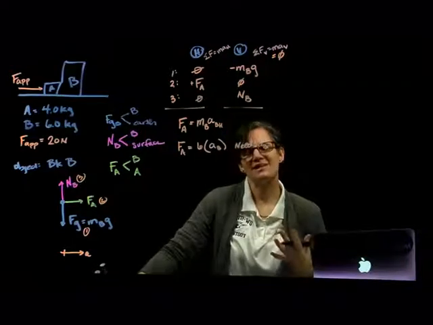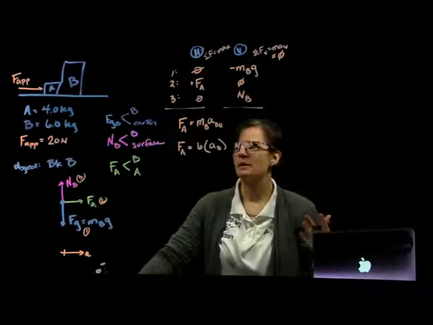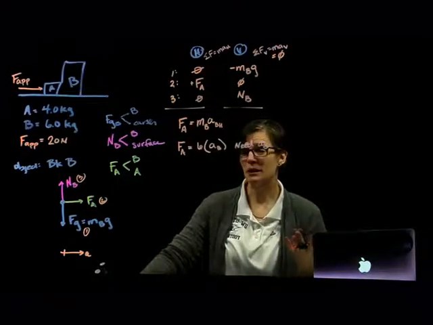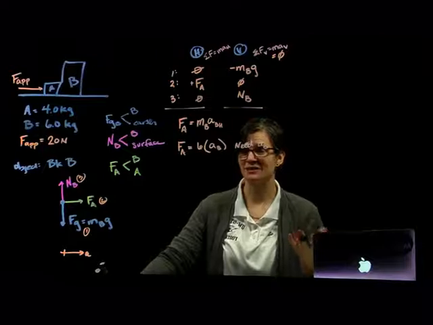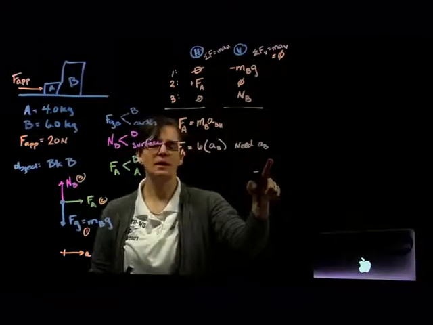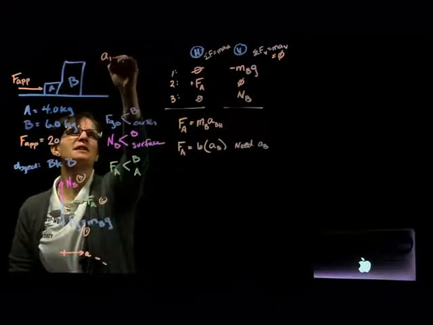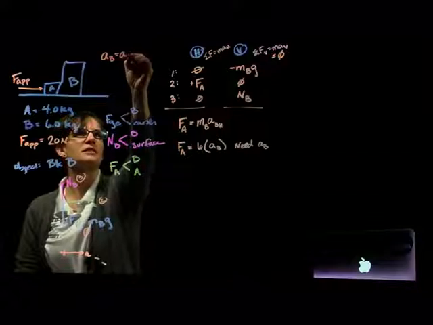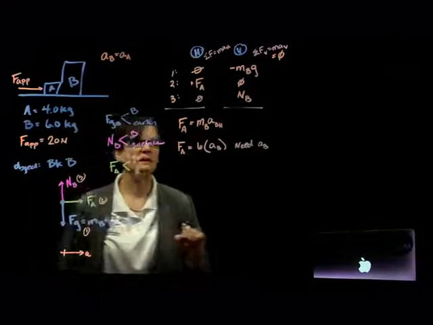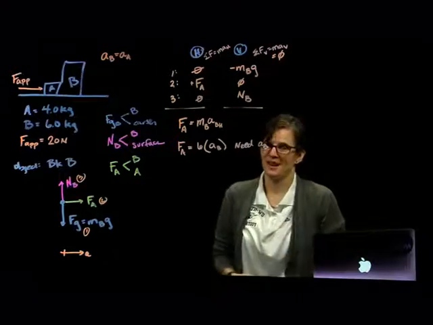So I want to start asking, what else is that acceleration related to? Well, block A and block B are moving together. So if I look for a relationship for the acceleration of B, I can see that the acceleration of B is equal to the acceleration of A.